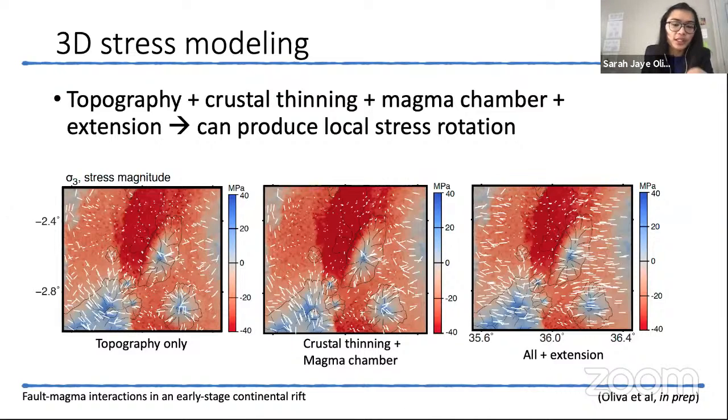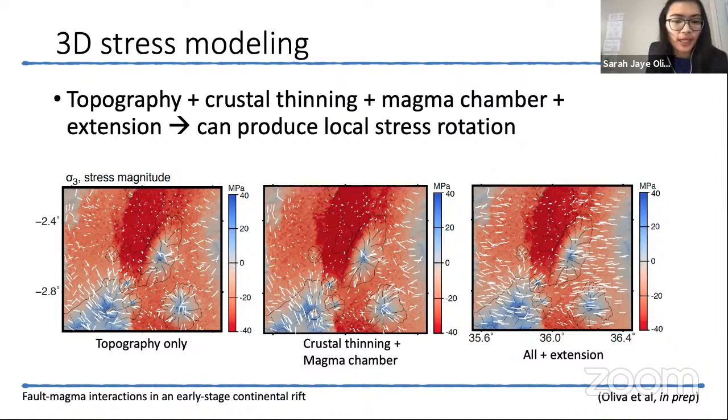I should mention the second component actually includes the Sill complex, but at this point it was a very, very small effect, so we neglect that component. The white lines on this plot are the direction of sigma 3, which is, in a way, your extension direction.